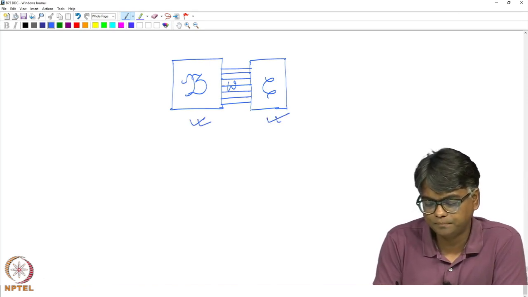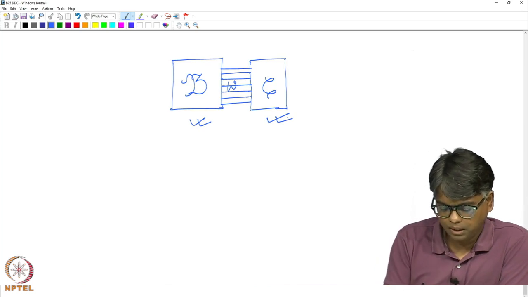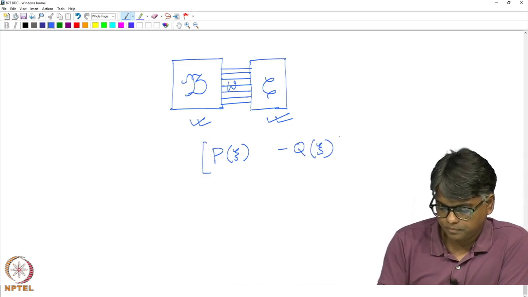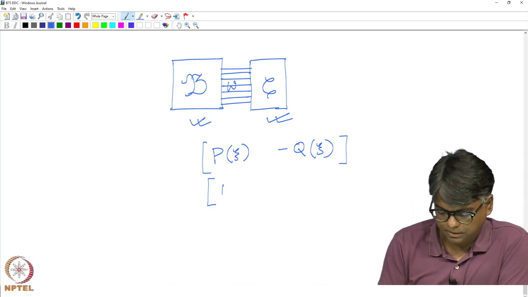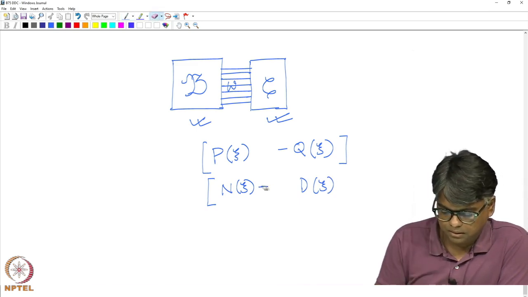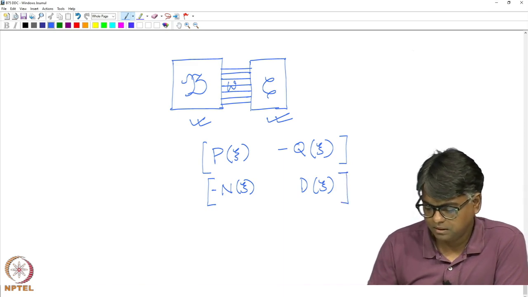Equation wise, suppose we have done this input output partitioning and have written the equations in this form. The new laws are, let us say, n(ξ) and d(ξ), perhaps with a minus sign, it is really of no significance.